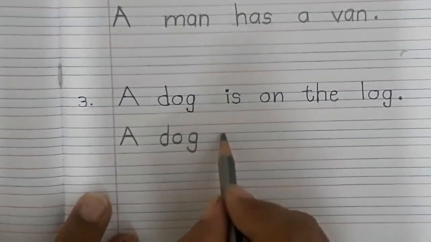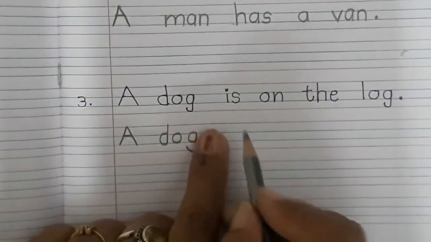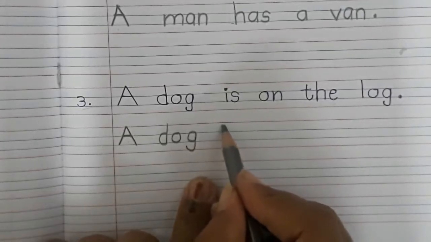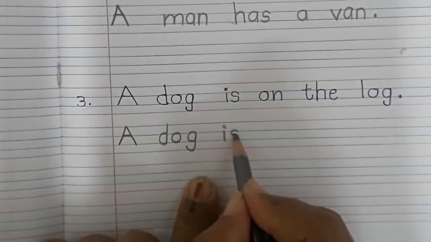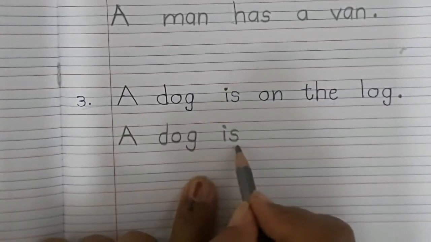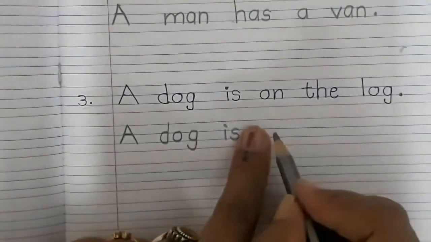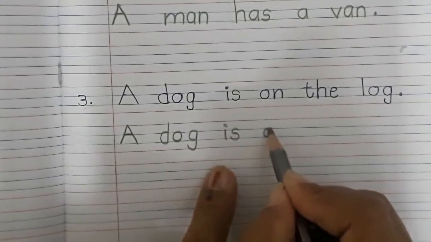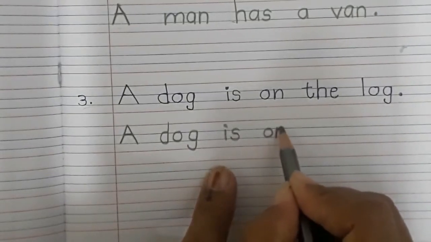Again one finger space, I, S, is. Again leave one finger space, then O, N, on.